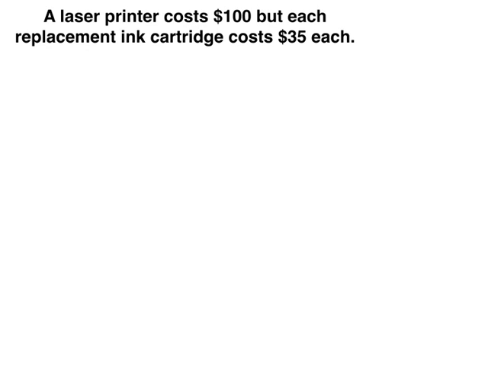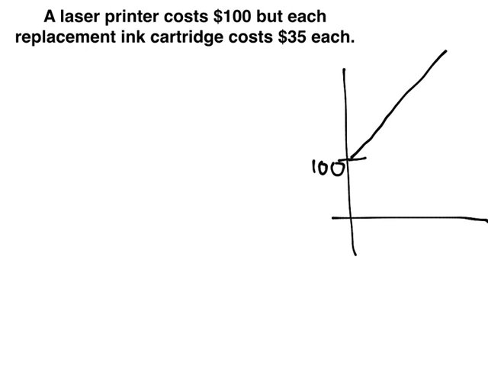One last one. This is a standard one, of course. Printers are actually remarkably cheap, and then you find out why as soon as you go and try to buy an ink cartridge for one. Basically, with this one, it's $100 to start with, which is reasonable, but it's a very steep line for costs, and you get a gradient of $35 there.